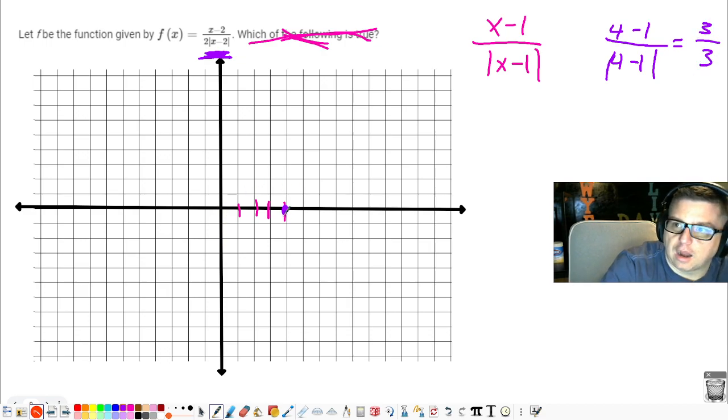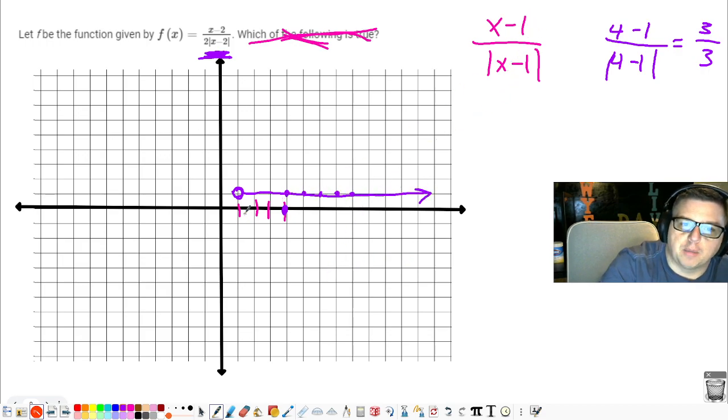So at 4, we're going to be up here at 1. And the same thing goes for 5, 6, 7, 8, until we get to a certain value where it's not. That value is at 1, because what happens at 1? We get 0 over 0. So this becomes a graph that looks like that.